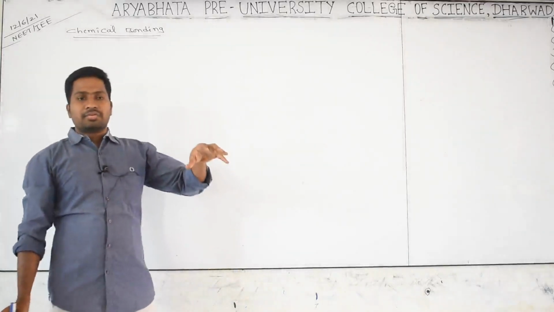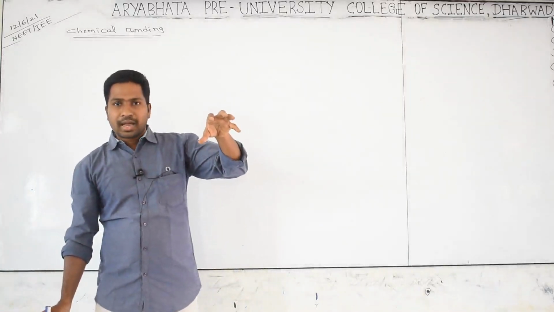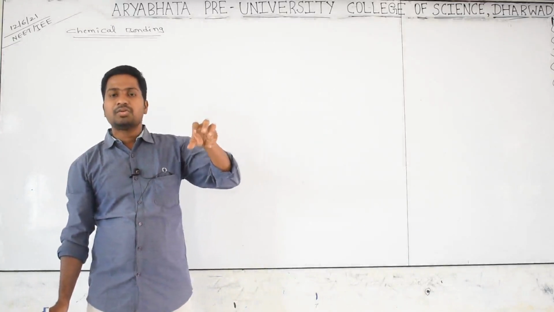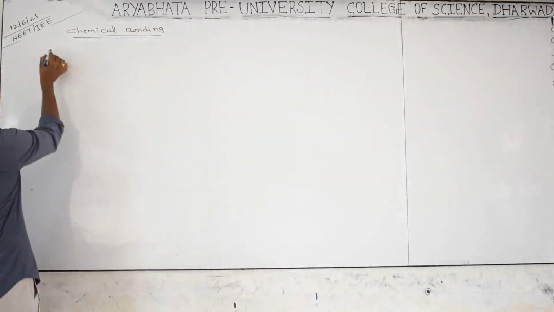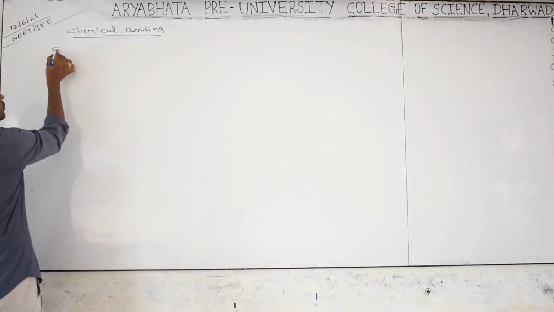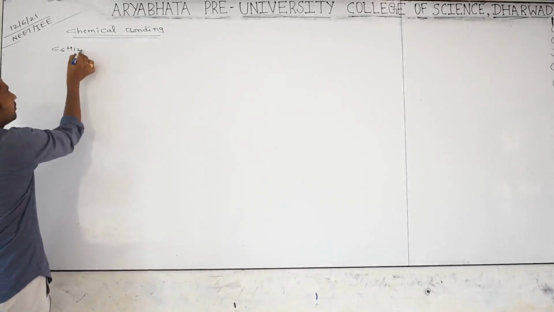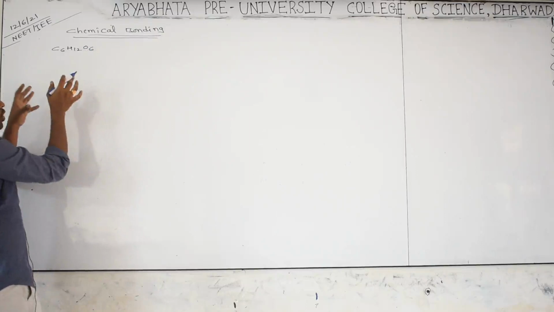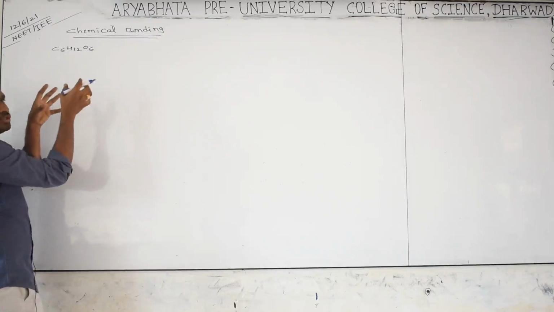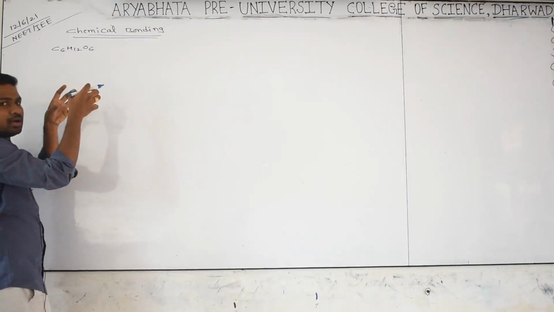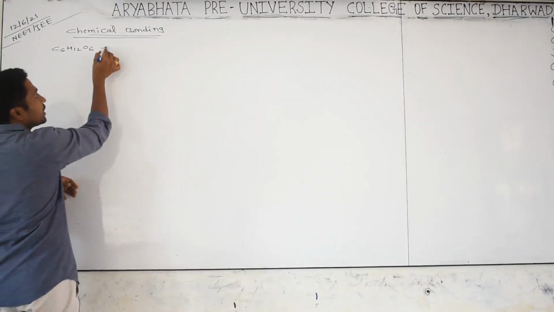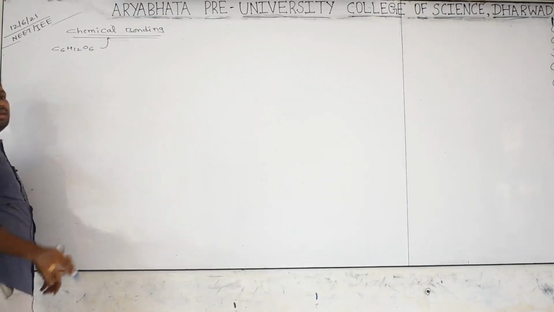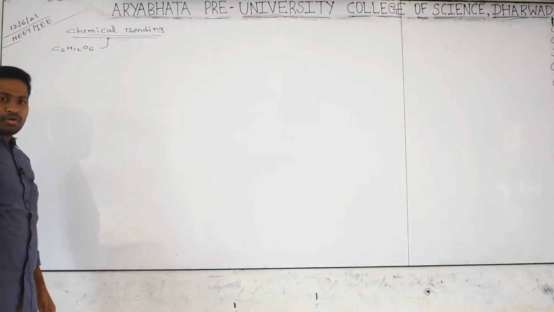A force of attraction which holds the atoms together in a molecule is called chemical bonding. For example, you have glucose, C6H12O6. All the carbon, hydrogen and oxygen atoms are held together in this substance because of a force of attraction. That force of attraction only we are calling chemical bonding. Are you understanding or no?